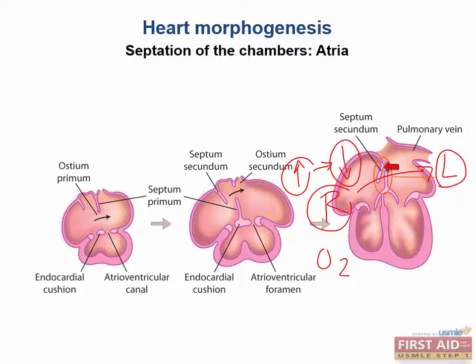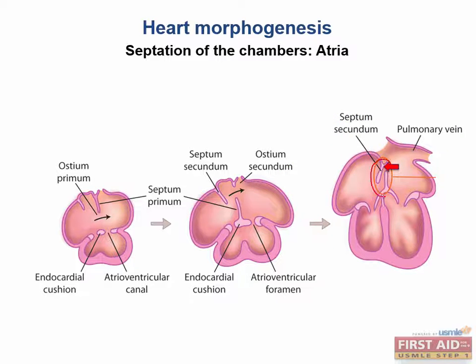So there will be a permanent pressure gradient from left to right because the right side pressures will be so low. This means that the septum primum will be continuously pushed up against the septum secundum. Eventually, the two will fuse together and form one single division of the left and the right side.